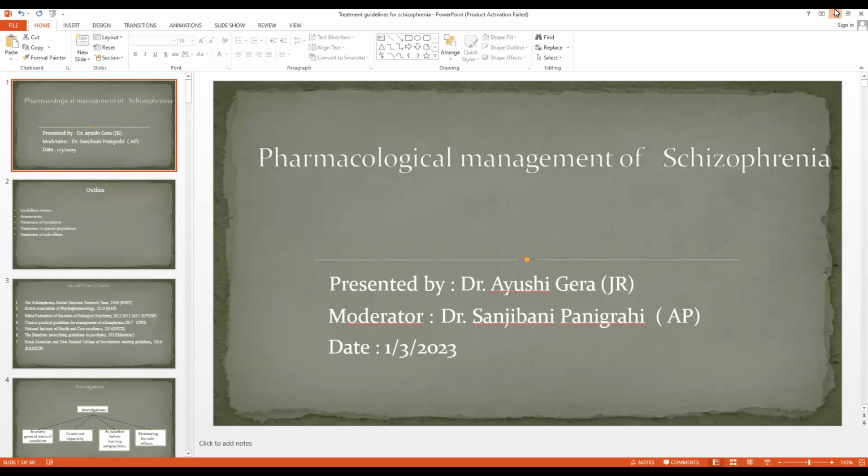In the negative and cognitive symptoms, the hypothesis is that there is hypodopaminergic functioning in the prefrontal cortex and nucleus accumbens. The main receptors for these negative symptoms are D3 receptors. D3 receptors are autoreceptors present in the midbrain limbic area.